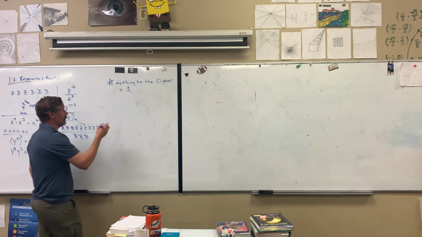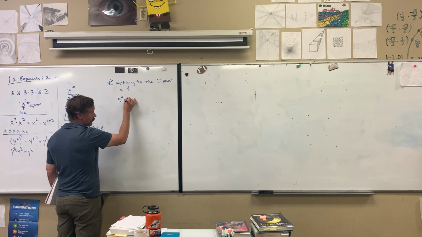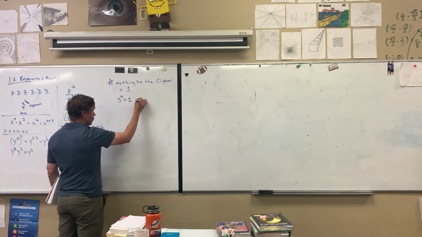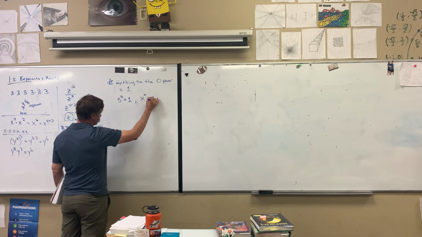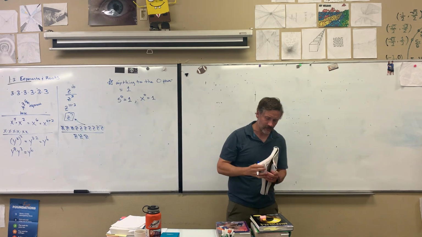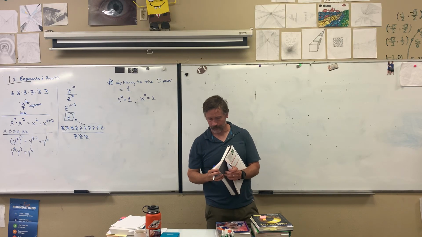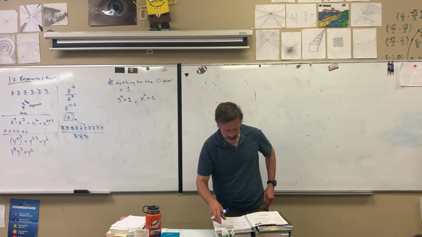So we'll do an example. If you have 5 to the 0, what's 5 to the 0 equal to? 1. If you have x to the 0, x to the 0 is equal to 1. Anything to the 0 power is going to be equal to 1. Just memorize that rule. Okay? So anything to the 0 power is equal to 1.